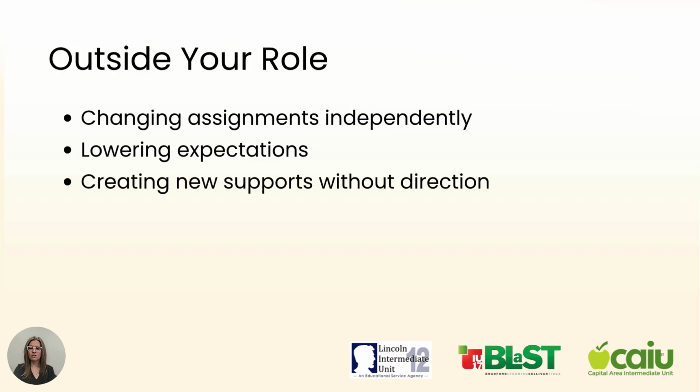Again, these decisions usually come from a place of wanting to help, not from doing something intentionally wrong. But changes like these can impact the level of thinking, skill practice, or independence the student is expected to demonstrate. That's why communication and collaboration with the teacher or instructional team are so important when questions or uncertainty come up.